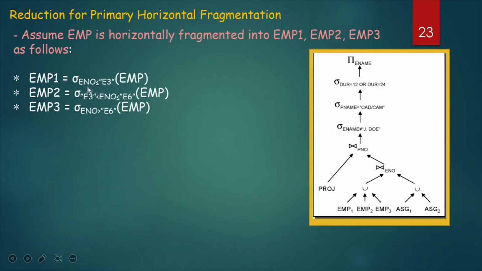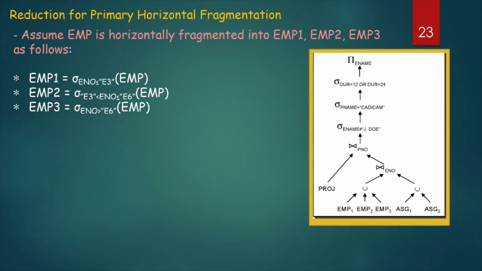Means we select those employees whose employee number is less than equals to E3, those tuples are stored in EMP1, and employee number less than equals to E6 and greater than E3, those tuples are stored in EMP2, and where employee number is greater than E6, those tuples are selected and stored in table EMP3.